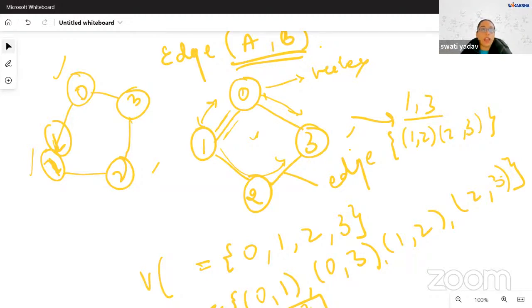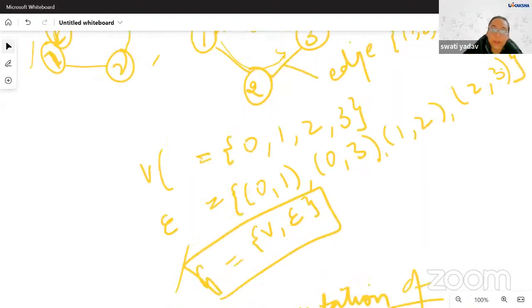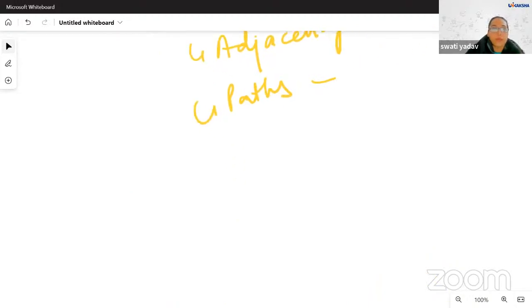Now the thing which I wanted to take on is the representation of a graph. How do you represent the graph? We are already aware of a few components.